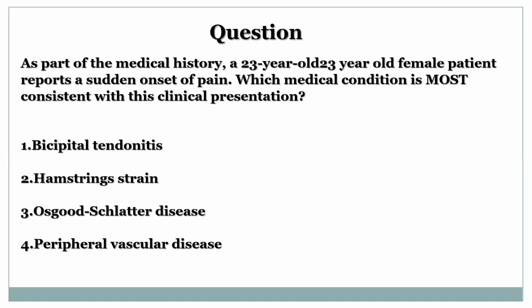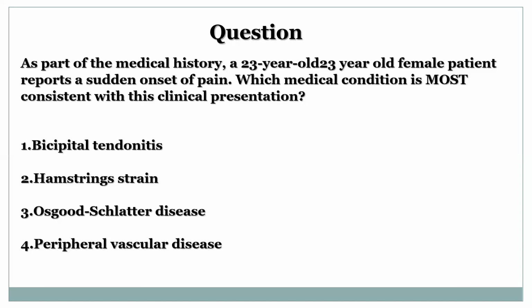Hamstring strain is typically caused by muscle overload that happens when one or more of the muscles is stretched beyond its capacity or challenged with a sudden load. Okay, pain varies based on the severity of the injury, but it is usually described as a sudden sharp pain in the back of the thigh. This could be the answer, maybe, we will see.